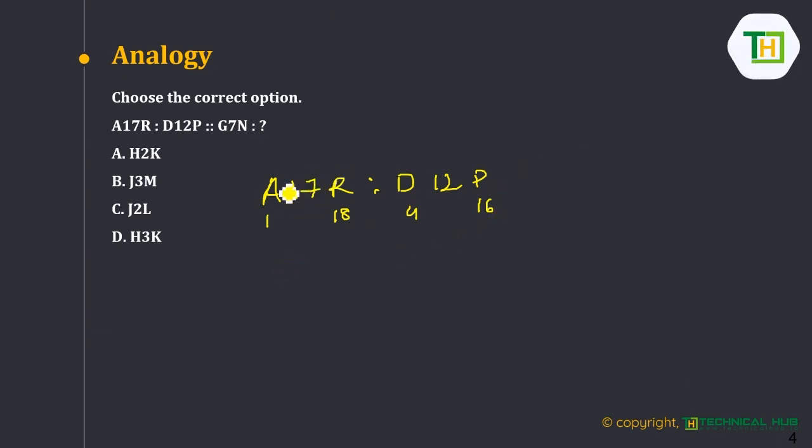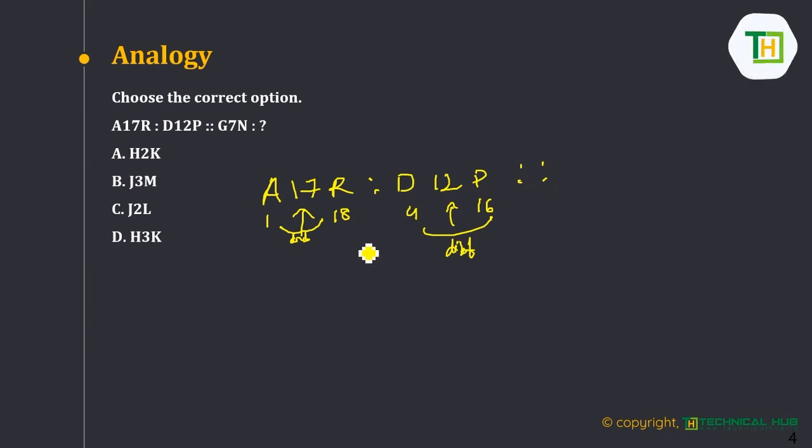If you observe the middle number, it is the difference between the first and last letters. 18 and 1, the difference is 17. Here also 4 and 16, the difference is 12.